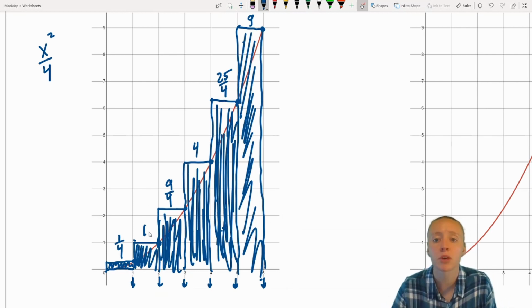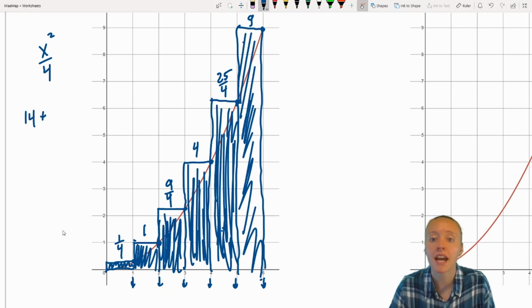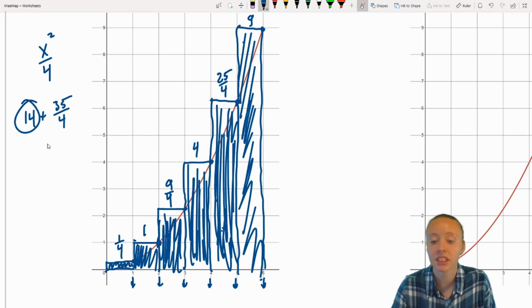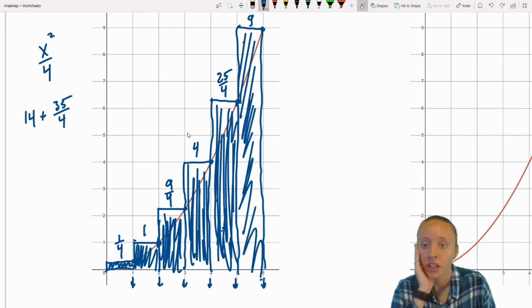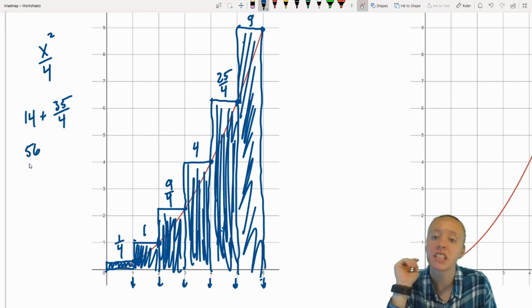Again, I'm going to start with my whole numbers. 1 plus 4 is 5. 5 plus 9 is going to give me 14. And I'm going to be adding that to 1/4 plus 9/4 plus 25/4, which is going to be 35/4. Writing 14 in terms of fourths, that is 56/4.